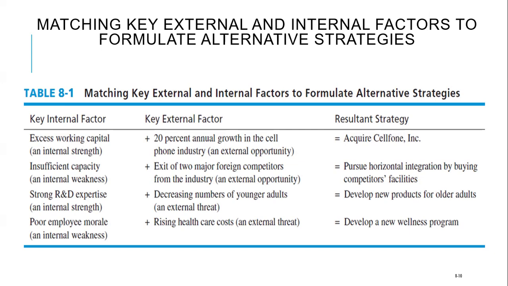Now we are going to take the various tools that I enumerated under the matching stage in order to illustrate or get a better understanding of them. So the first one that I mentioned was SWOT analysis.